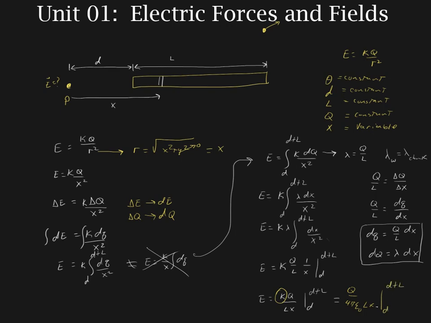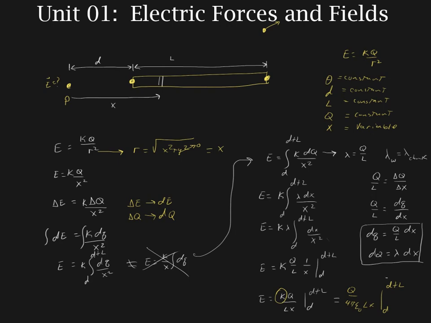Then finally, as a final check, when you substitute these values in, you want to see a couple of things. You want to see that your value falls between the two extremes. Remember, we get the high end extreme on the left end of the bar, the low end extreme on the right end, and so the value you get for the electric field is going to fall somewhere between those two values.